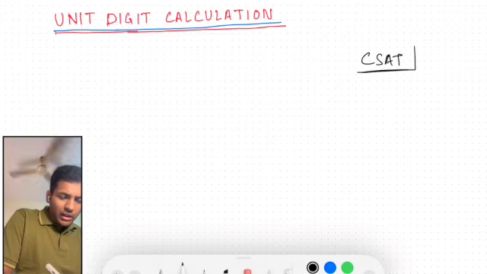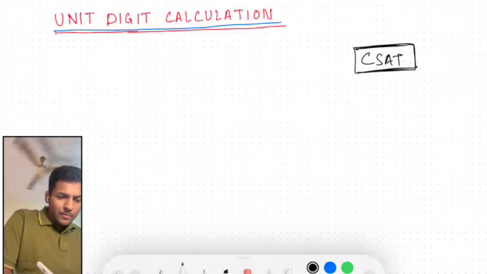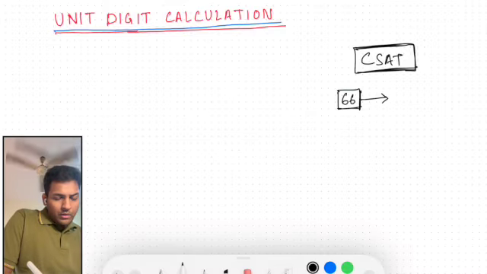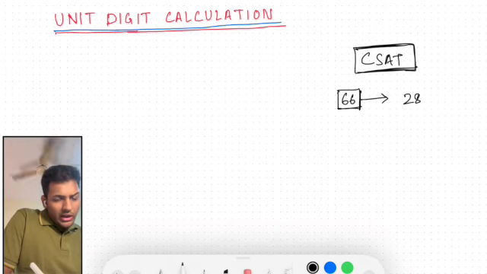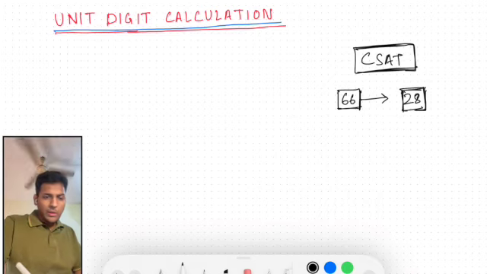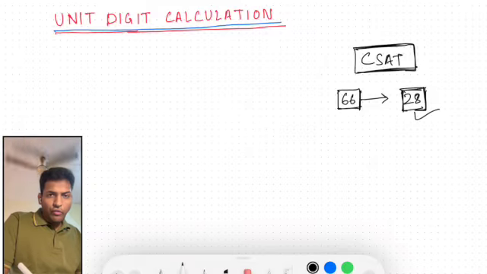If I just brief the pattern of CSAT, you have to get 66 qualifying marks, and for 66 marks, I don't know how many of you are aware, you need only 28 net correct questions. Even with 28 net correct questions you will pass CSAT, because each question is of 2.5 marks.